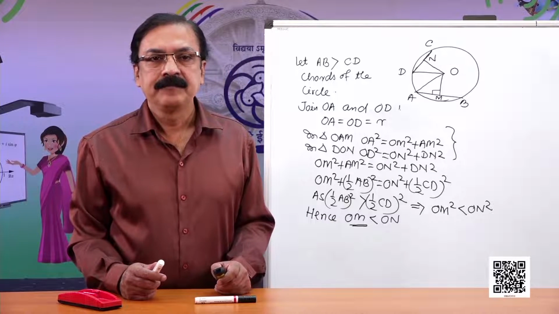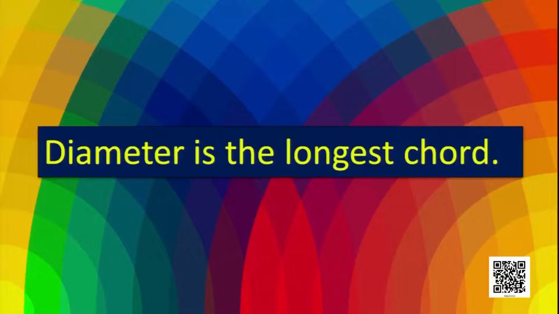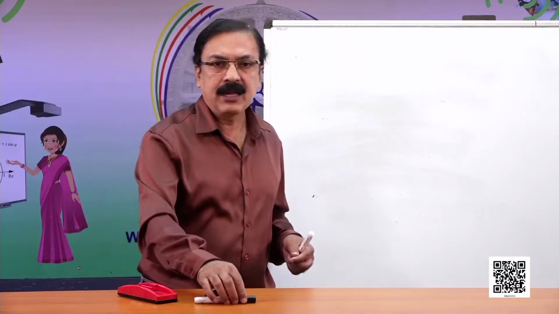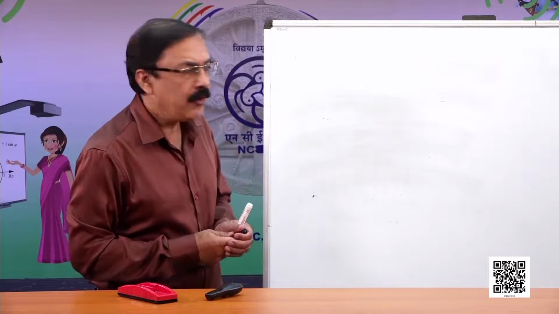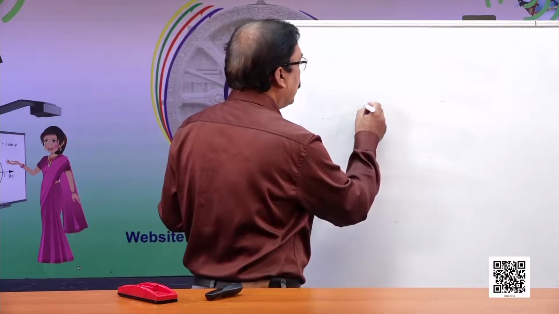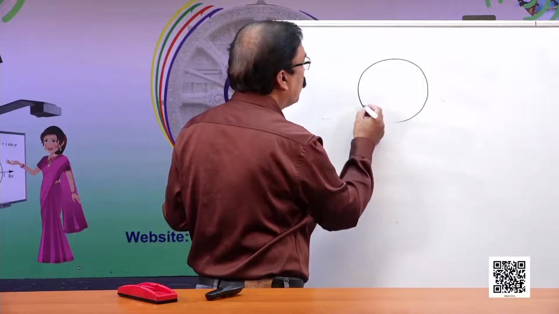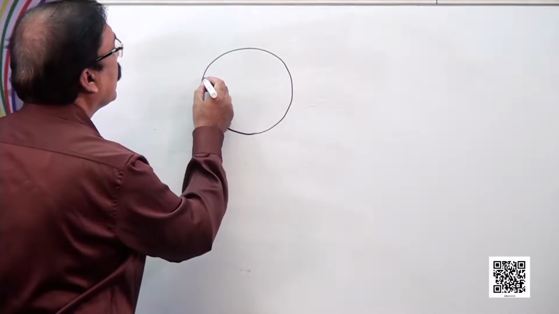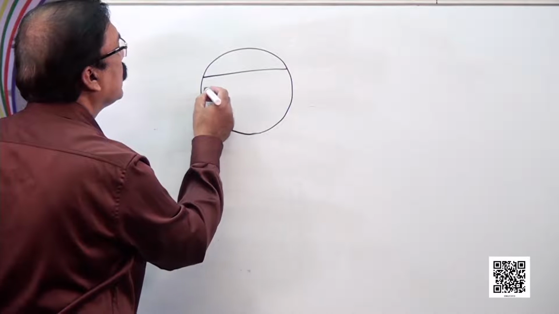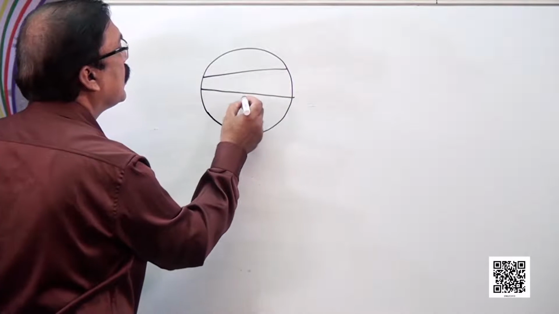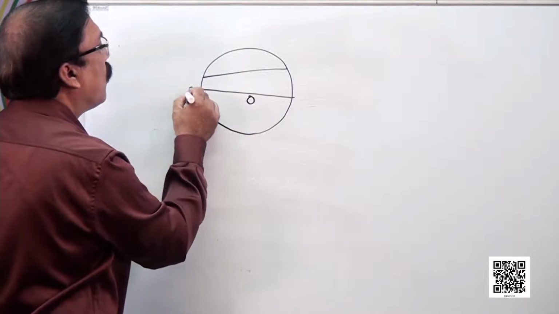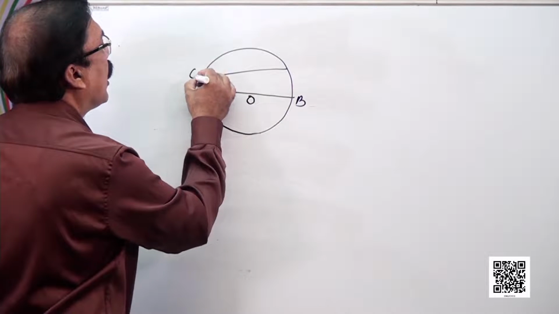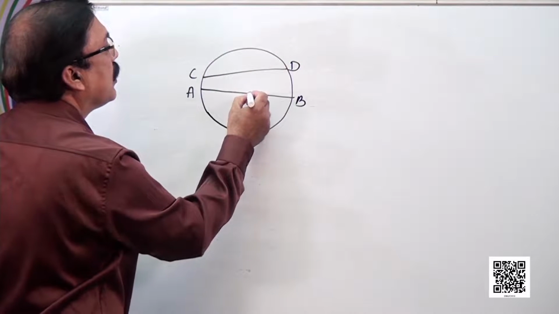What is that? The diameter is the longest chord. From this, we can say the diameter is the longest chord. How? As you see, compare two chords. One is passing through O, that is the diameter, and another is CD.